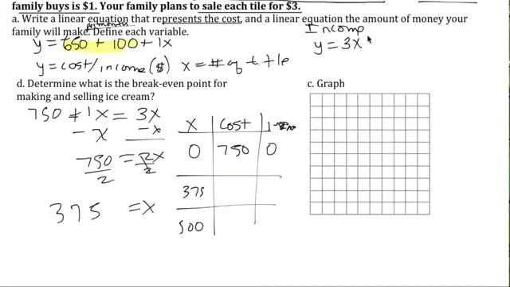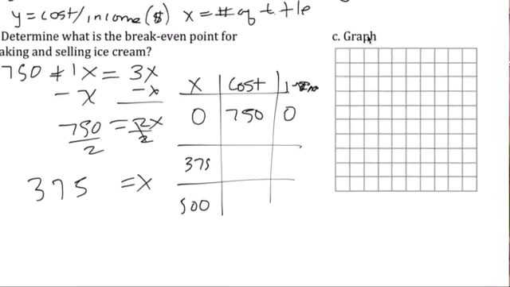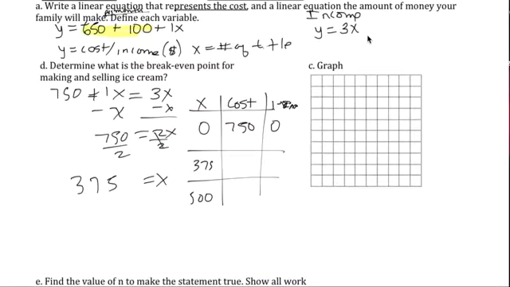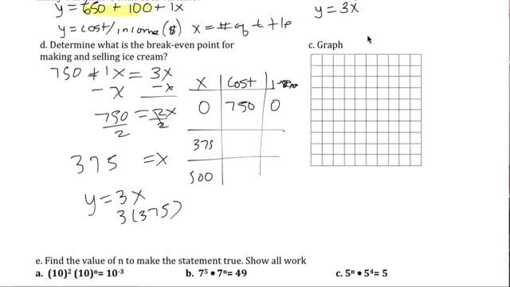The income is 0. 375, the cost is, okay, let's put it in. Y equals 3x, so 3 times 375 is 1,125.